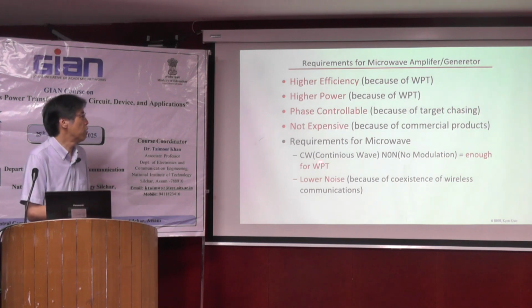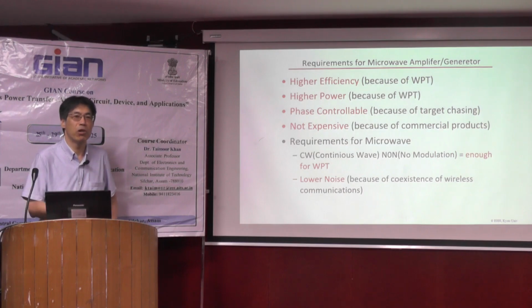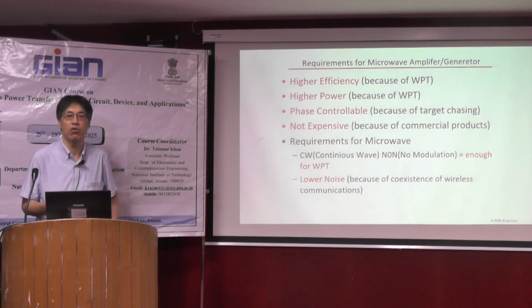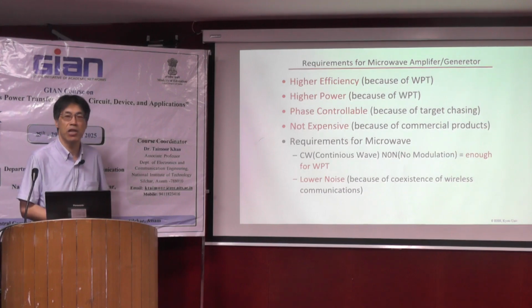So we don't need any modulation, and continuous wave and no modulation wave are enough. Of course, we can modulate the radio wave to carry simultaneously power and information. It's a SWIPT system. But to carry the energy only, we don't need any modulation.